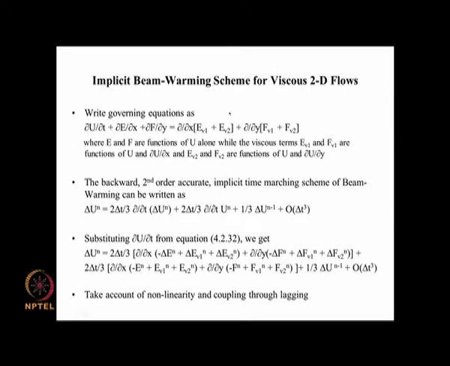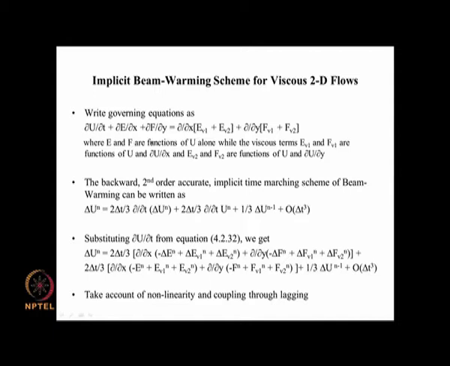So, for viscous 2D flows, the governing equation is not just the left hand side equal to 0, but we also have viscosity terms, and here we make a distinction between viscous terms EV1 and EV2, and similarly FV1 and FV2. So, we write the governing equation as ∂u/∂t plus ∂E/∂x plus ∂F/∂y, the temporal and advection terms, equal to ∂/∂x of EV plus ∂/∂y of FV.